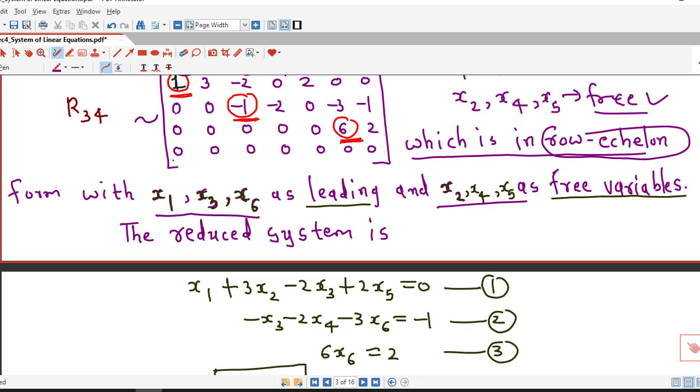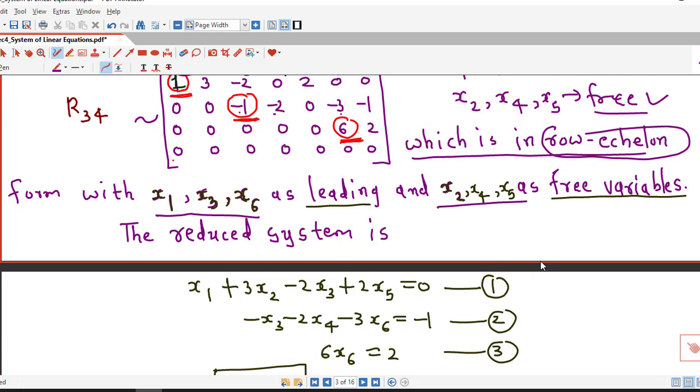The second equation is 0x1 plus 0x2, then minus 1 into x3, so minus x3 minus 2x4 and minus 3x6 equal to minus 1. The third equation corresponds to x6, and all other variables become 0: 0 into x1 plus 0 into x2 up to x5. So the third equation is 6 into x6 equal to 2.